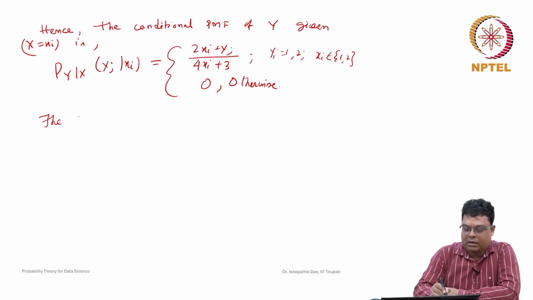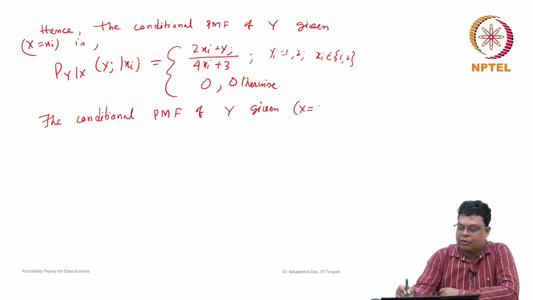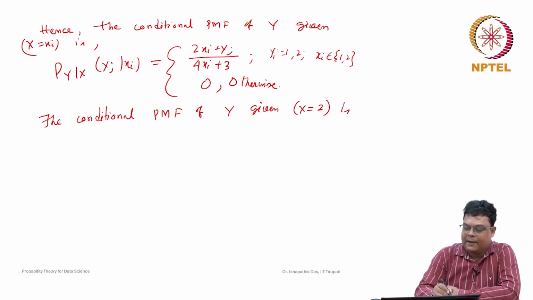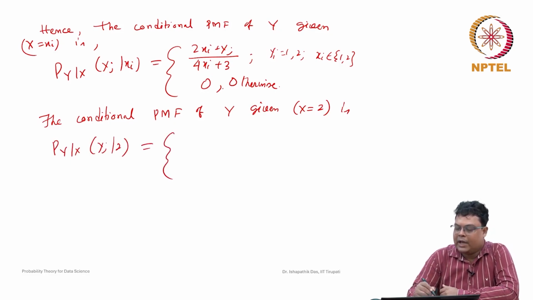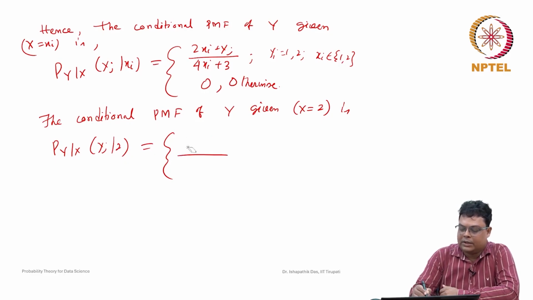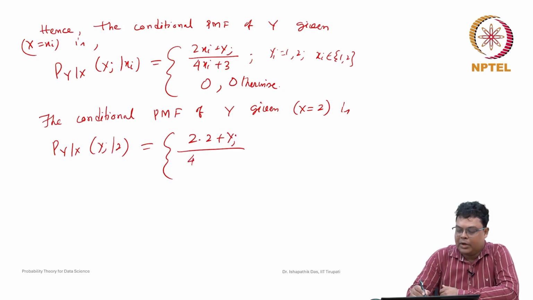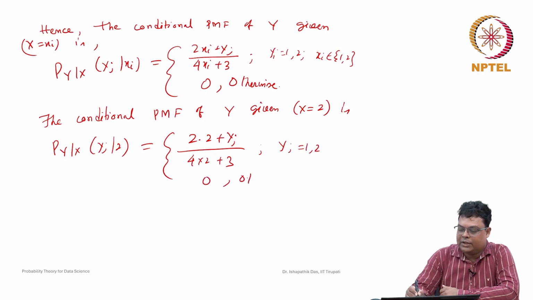Hence the conditional probability mass function of y given x equal to 2 is given by P(y given x), yj given xi equal to 2. We put 2 here: (4 plus yj) by (4 into 2 plus 3), whenever yj is 1 and 2, and 0 otherwise.